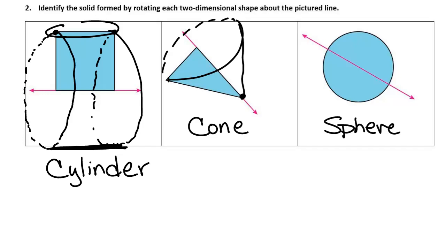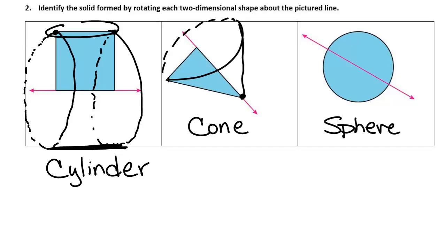Let's look at it this way. It's going to spin like this. Do you see how it makes the circle on the end? And this side would also be a circle. So I'd have 2 circular bases. And then this part right here would be flat, and that goes around. So I'd have a circle here, a circle over here, and then it would be flat around this way. Does that make more sense?